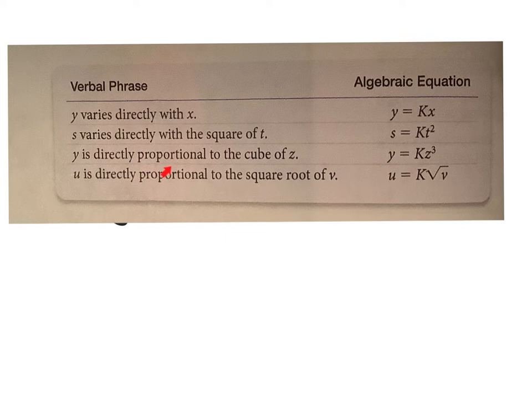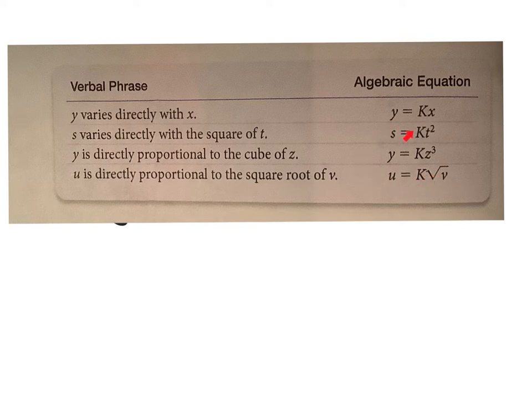Y is directly proportional, so it doesn't matter if it says varies directly or is directly proportional. It means the same thing, that word directly, to the cube of z. So y equals always k times whatever the second part is. In this part, it's the cube of z, or z to the third power. U is directly proportional to the square root of v.